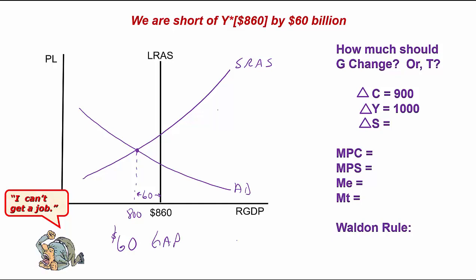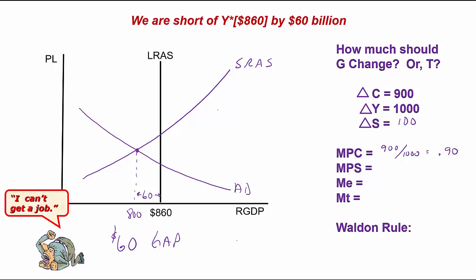So here's some data that we have collected. We have seen that with a change in income of 1,000, consumption changes by 900. That means savings must be changing by 100. That means MPC must be 900 over 1,000, which gives us 0.9.